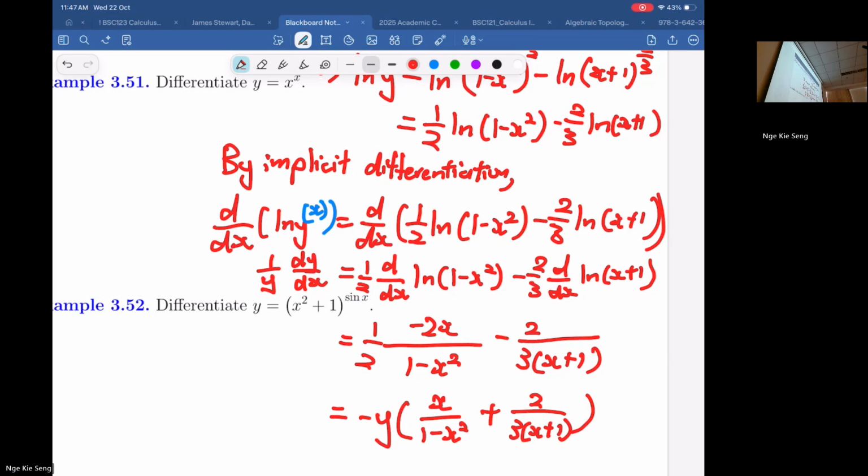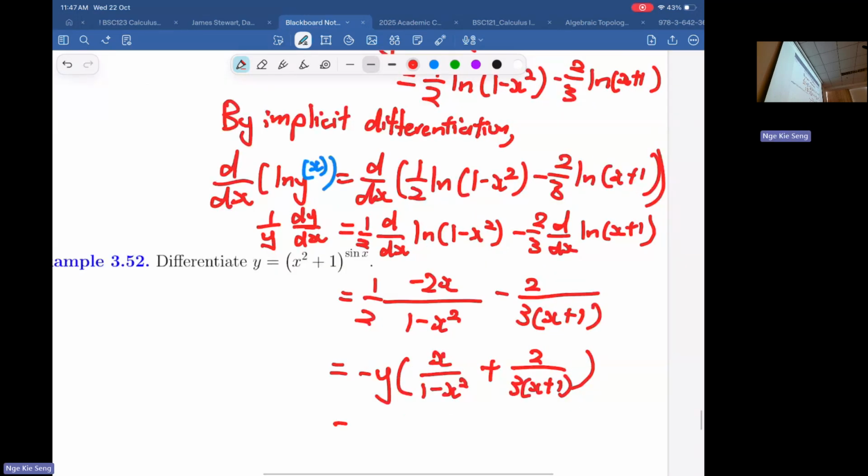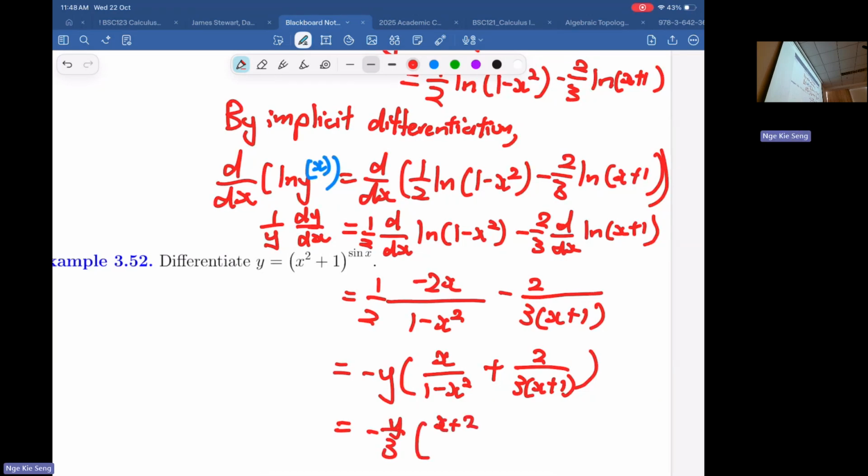Done. Can we do something else? Yeah, sure. Depending on how you want to simplify this, maybe you could get this. Basically, I pull the 3 up, so I make the same denominator 3.